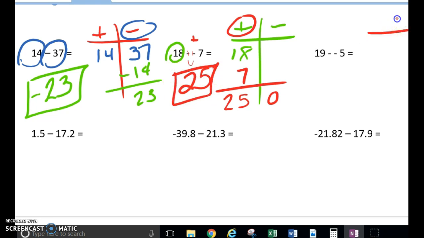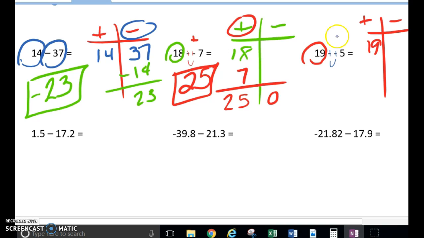The next one, positive and negative scorecard. The 19 is positive, so we're going to go ahead and put that down on the positive team. They won. My negative minus a negative, remember that's plus plus smiley. So that 5 is really a positive 5. So I'm going to add that in. So I'm going to add up the points to know how much for each team.